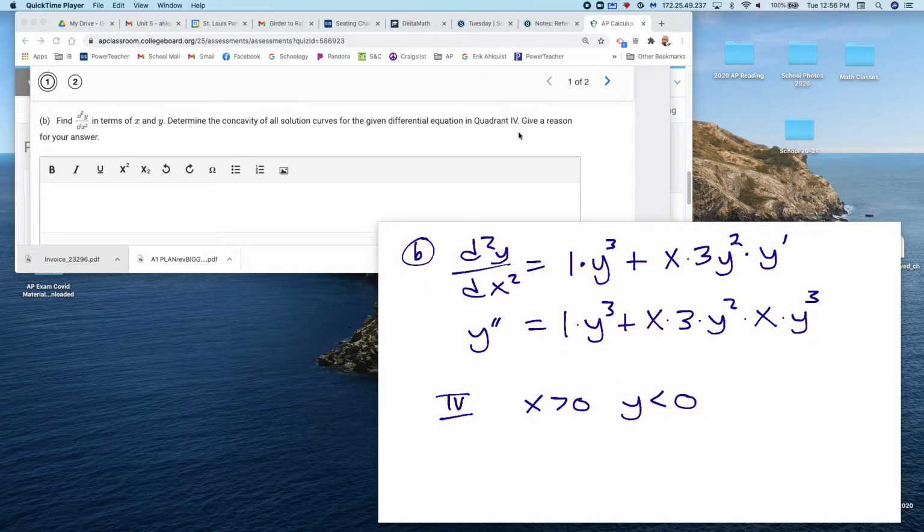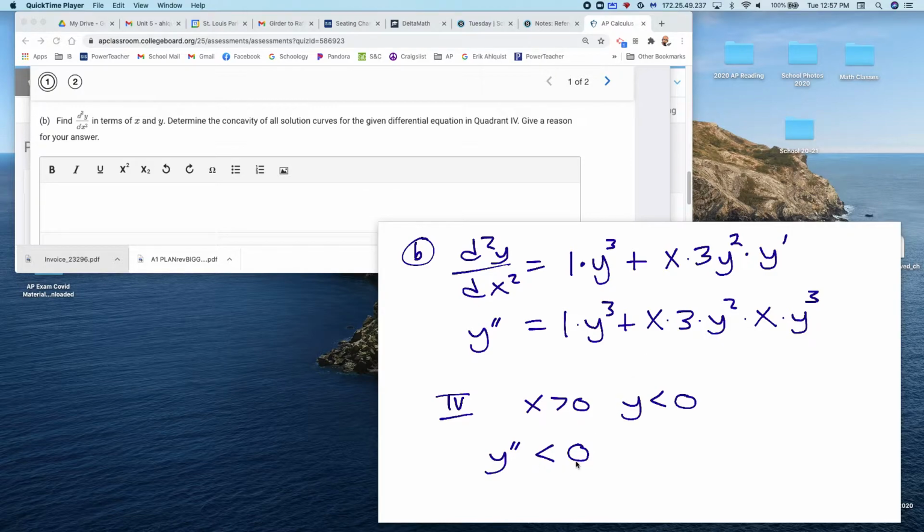Notice that if we do that, the second derivative is going to be less than 0 because you're going to have a negative plus a positive for the x times a positive for 3, but then y squared and y cubed is going to produce a negative again. So you have a negative plus another negative.